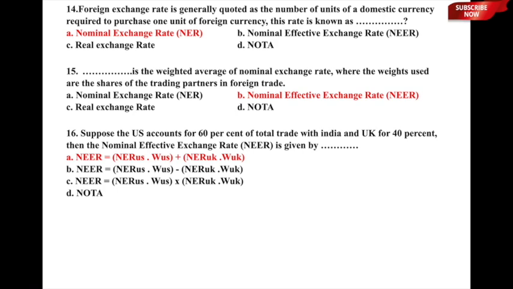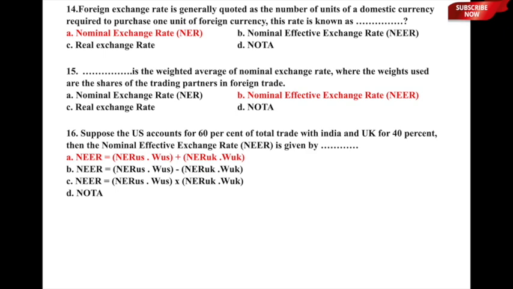Then the nominal effective exchange rate is given by dash. The options are A, NEER is equal to nominal exchange rate of US multiplied by the weight of US in the trade, which is 60%, that means 0.6. The next question will make more sense to you because we are going to look at a mathematical example as well. So, here the first option is NEER is equal to nominal exchange rate of US multiplied by the weight of US plus nominal exchange rate of UK multiplied by weight of UK.